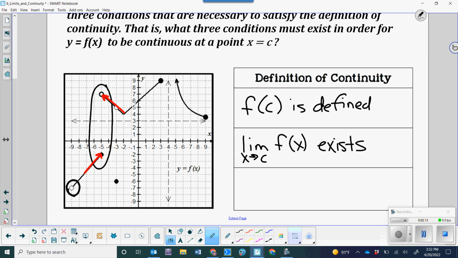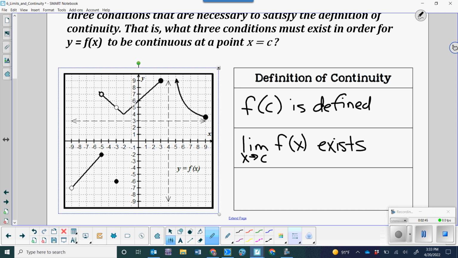Well, if we look at another place, so here's another discontinuity right here. Well, it's discontinuous, but the function's defined. It's defined weird because it's defined down here, but it is defined. So it has a function value at -3. And the limit from the left and the limit from the right both come together and they equal 5. So the limit exists, but we still see that there's a discontinuity there.